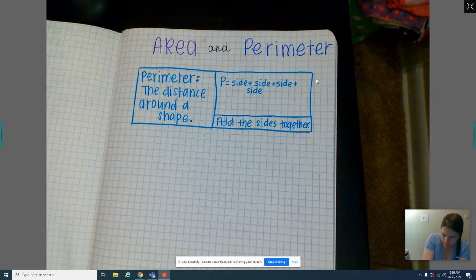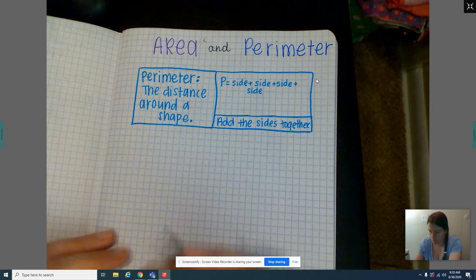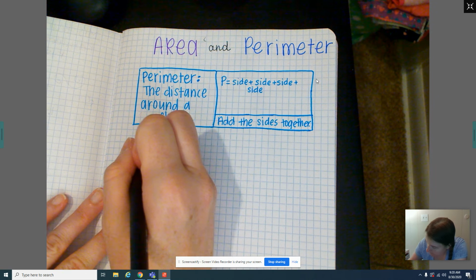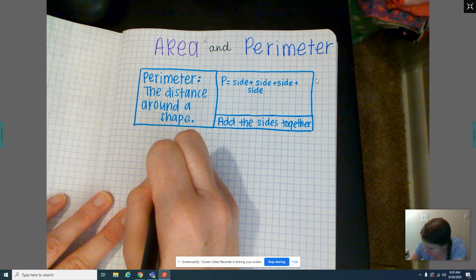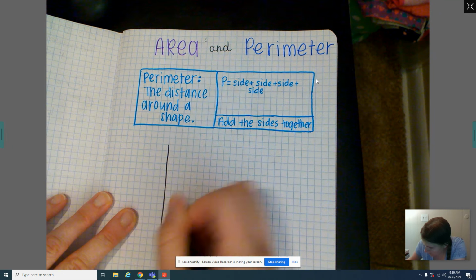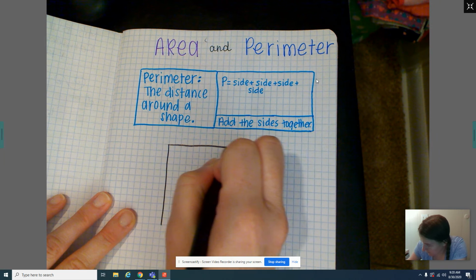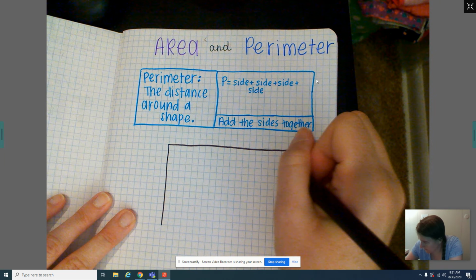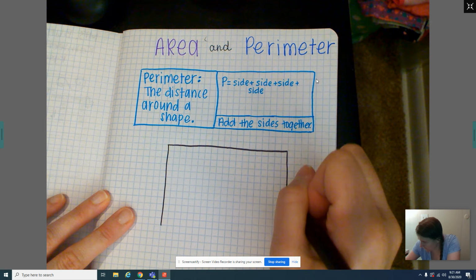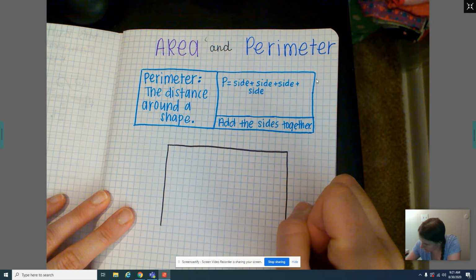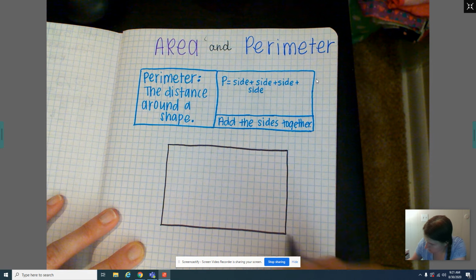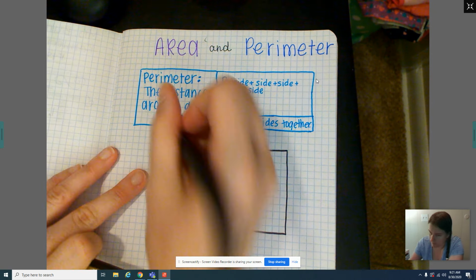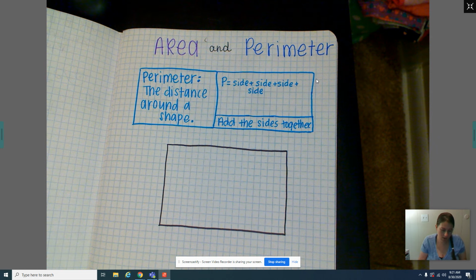Now we're going to make something a little bit fancier. Not super fancy, but we're going to draw a larger box in the middle of our page. Remember, if you don't have grid paper, it's totally cool. You can just make this on notebook paper. It'll be just fine. All right, so I have a large box in the middle of my page.